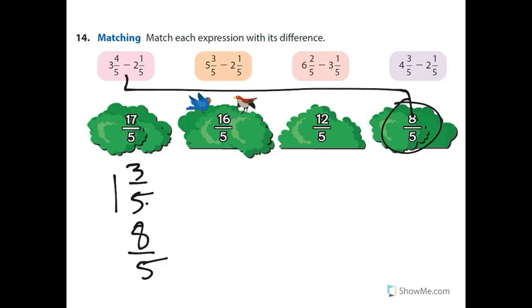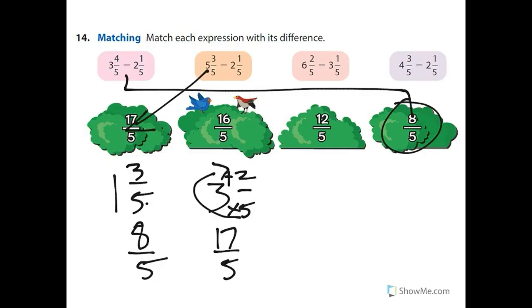Alright, so 5 minus 2 is 3. 3 minus 1 is 2. 5 times 3 is 15. 15 plus 2 is 17/5. So look, it's 5 times 3 plus 2. And we're going this way. So 17/5, there we go. 6 minus 3 is 3. 2 minus 1 is 1/5.